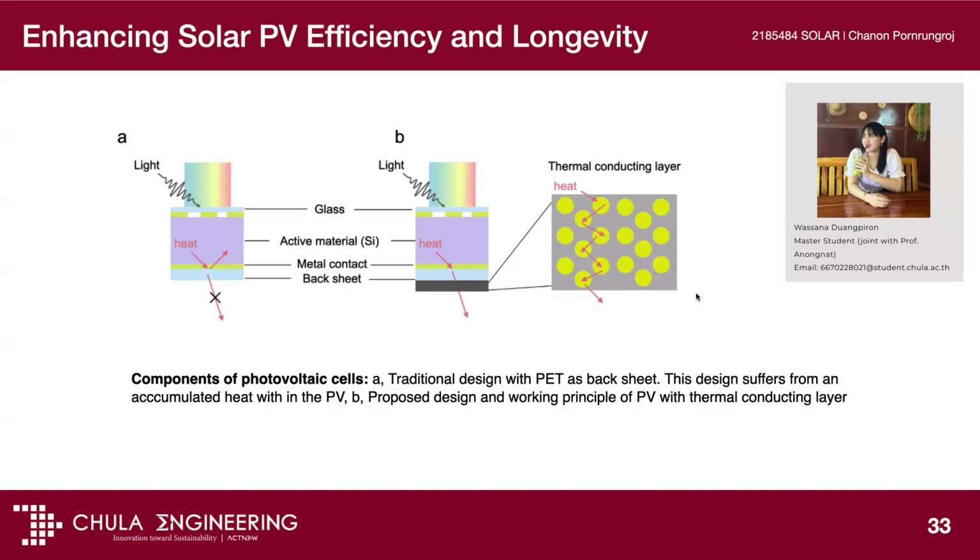In reality, if you run these panels in Thailand, the efficiency you get is about 16%, a 4% loss because of the heat. Every 1 degree temperature increase from that standard condition reduces the efficiency by 0.4%. So that's the thermal coefficient.